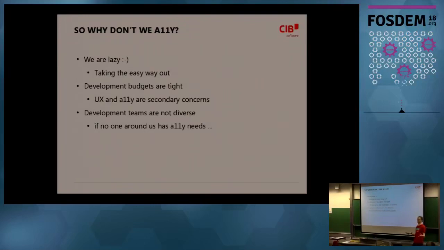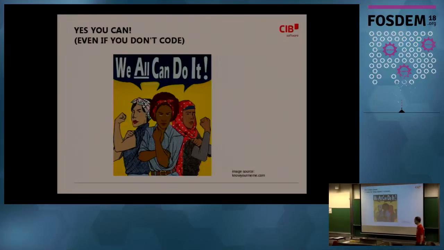But let's change that. So let's make people aware. We all can do something. This is a little motivational image here. Bubli loves those. So you can, all of us, we can all test for accessibility things or problems. I will talk about that a bit later, what to do. What else can we do?